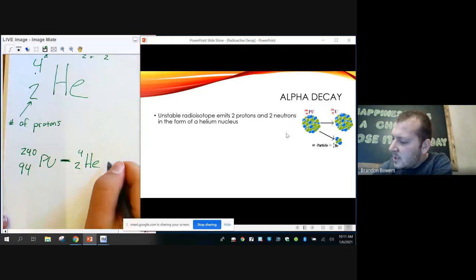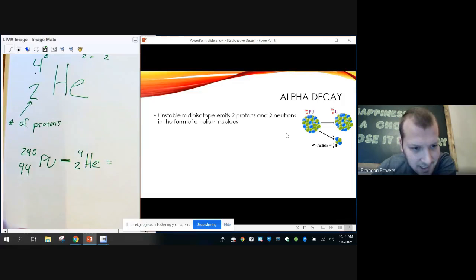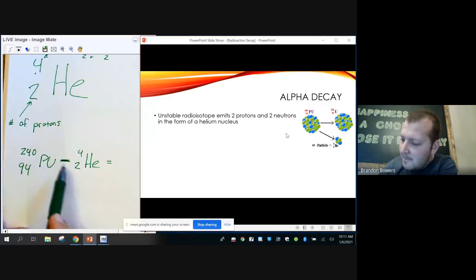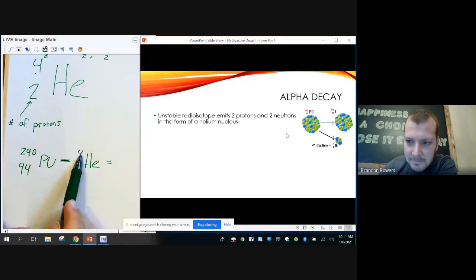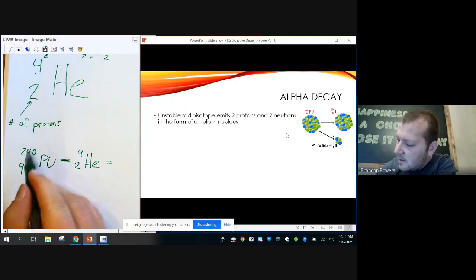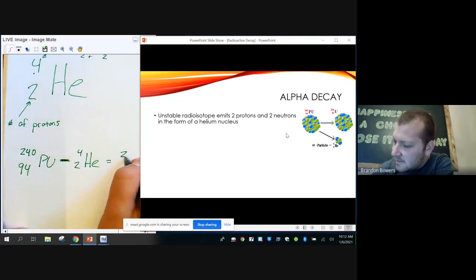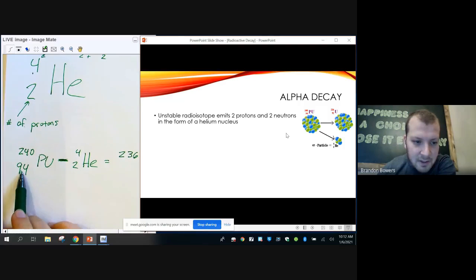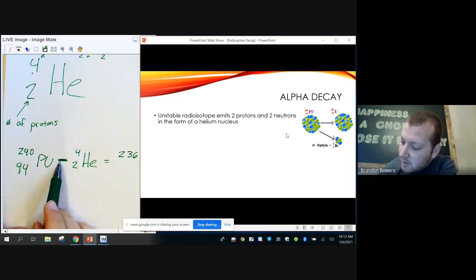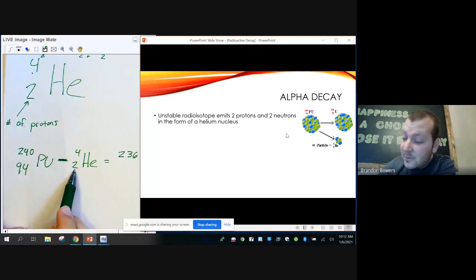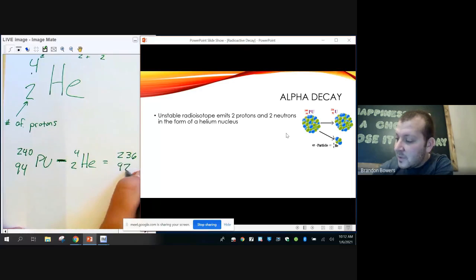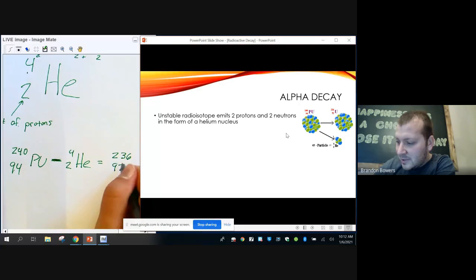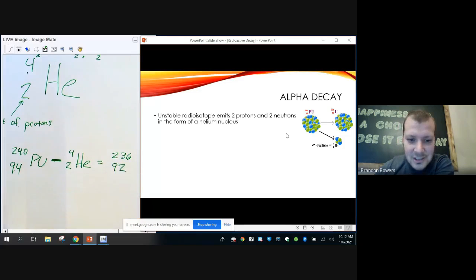Look at the top number. What is 240 minus 4? 240 minus 4 is 236. Then the bottom numbers: 94 minus 2 is 92. What you notice is the number of protons changed and my mass changed.